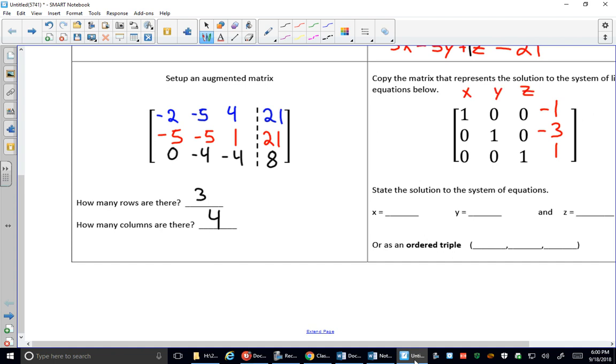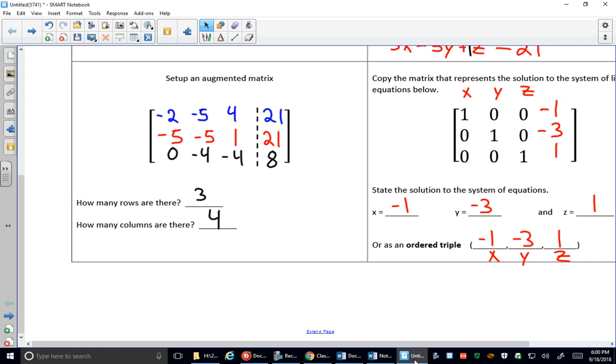So right away, I know x is -1, y is -3, and z is 1. And I can also write this as a point in three-dimensional space, an ordered triple. And these are always written in the order of the alphabet.